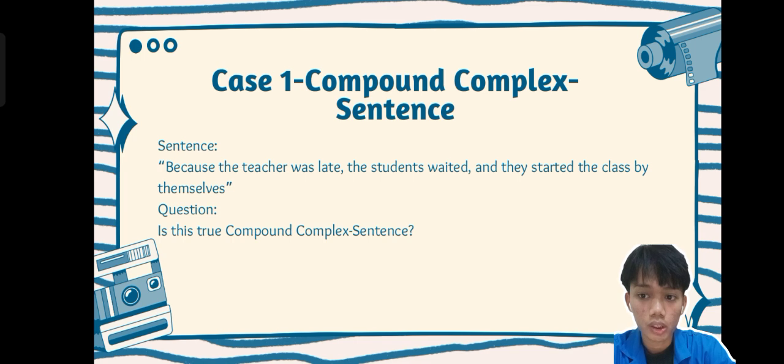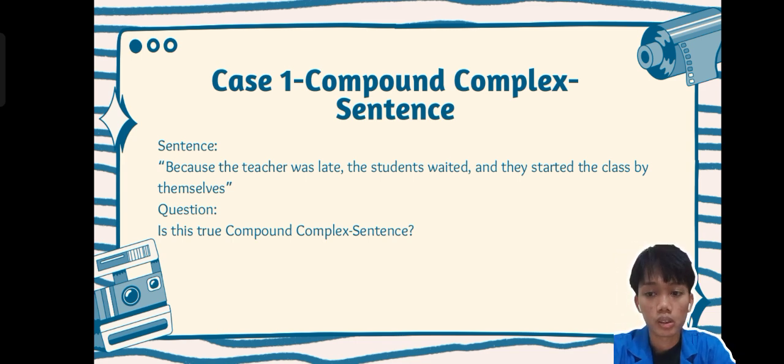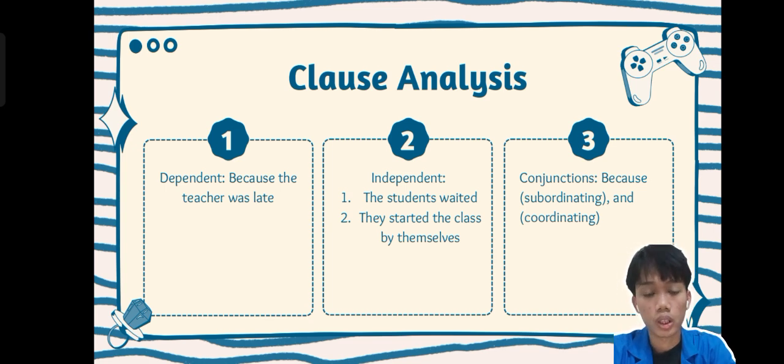The question is whether this is truly a compound-complex sentence. Let's analyze its structure carefully. The dependent clause is because the teacher was late. There are two independent clauses: the students waited and they started the class by themselves.